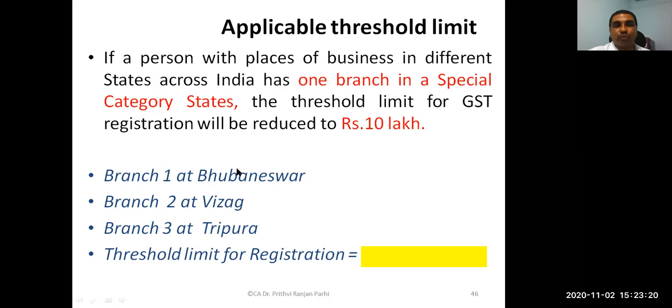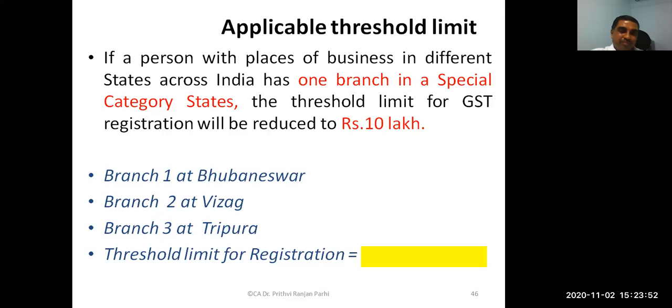Let us say branch 1 is located at Bhubaneswar, branch 2 is located at Vizag, and branch 3 is located in Tripura. You know, Tripura is a special category state, isn't it? In Bhubaneswar the limit is 20 lakh. In Vizag the limit is 20 lakh, and in Tripura the limit is 10 lakh. Here the question is, for this person, what is the threshold limit for registration?